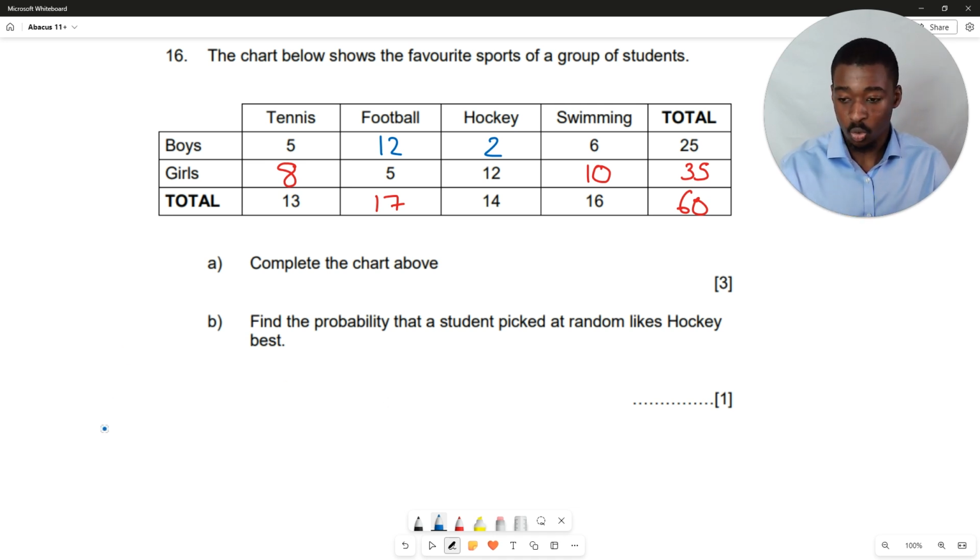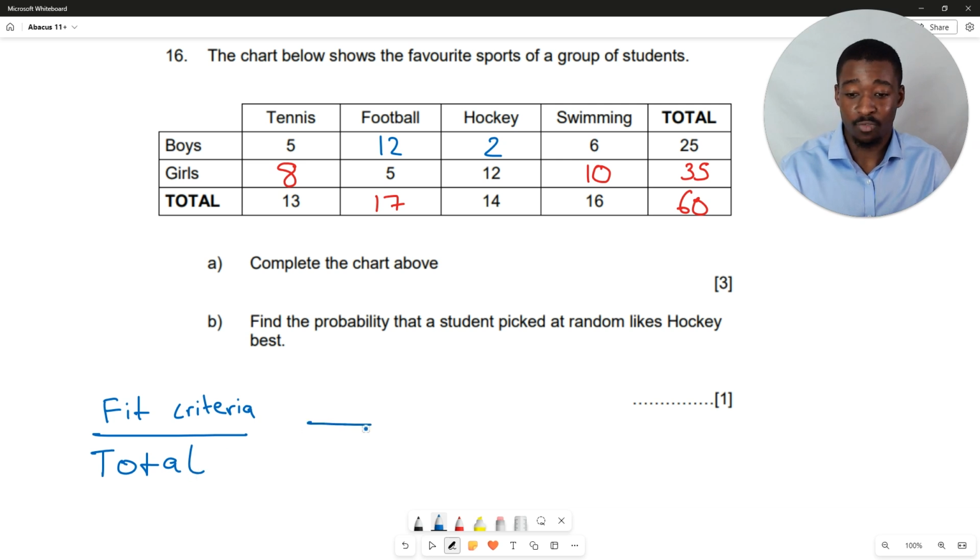So to work out this probability, we take the total number that fit our criteria over the overall total. And if we do that correctly, we should come out with the correct probability.